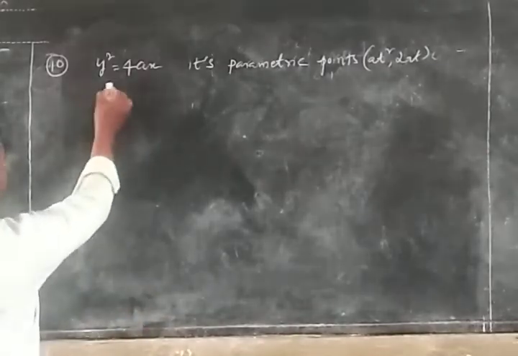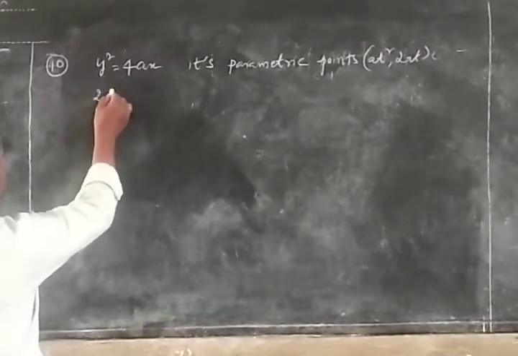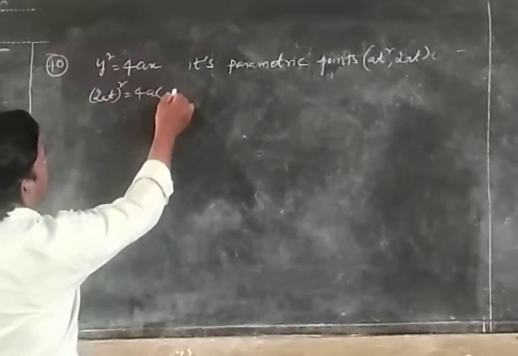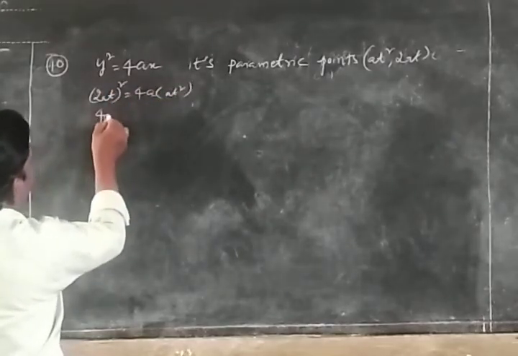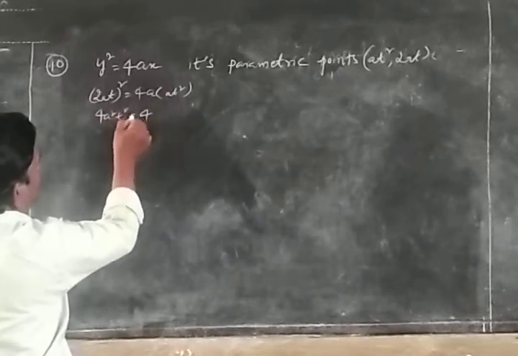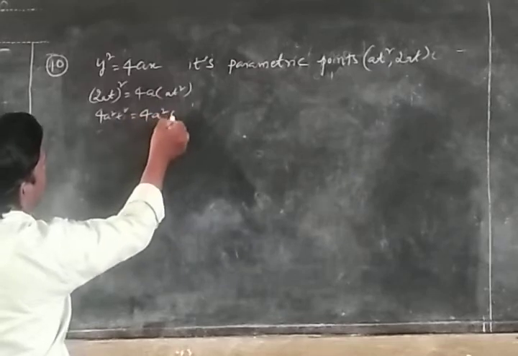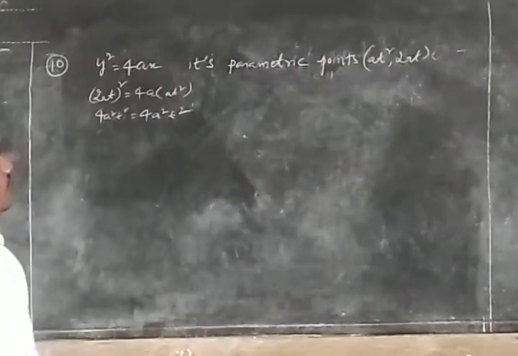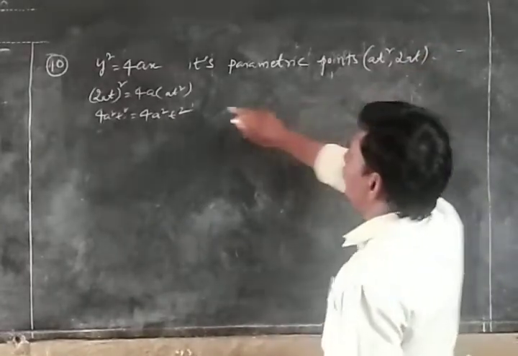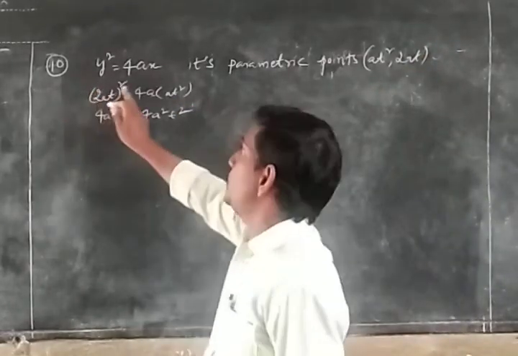Why? Because (2at) whole square equal to 4a into at square, that is 4a square t square. So (at square, 2at) are the parametric points of y square is equal to 4ax.